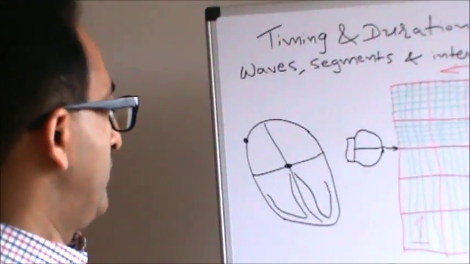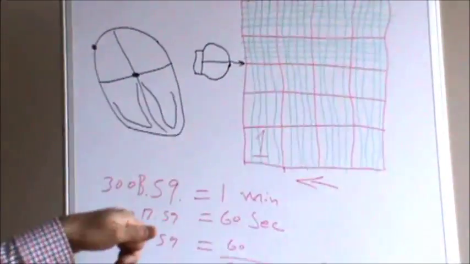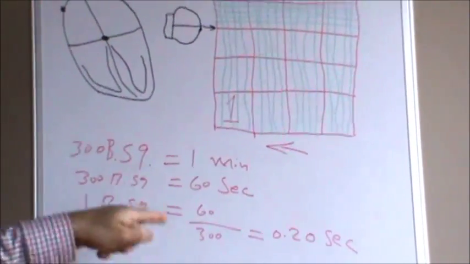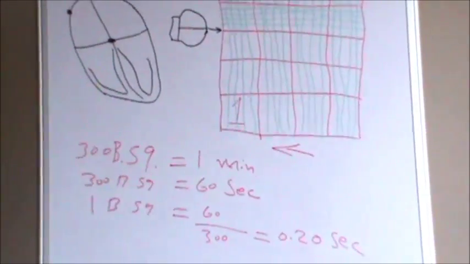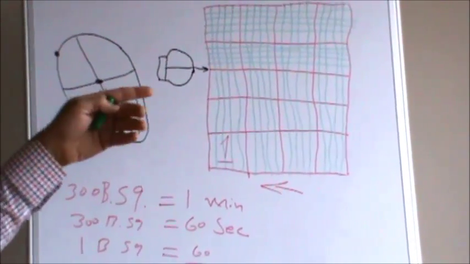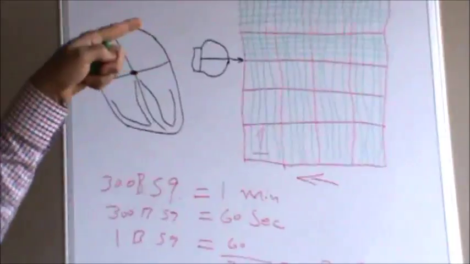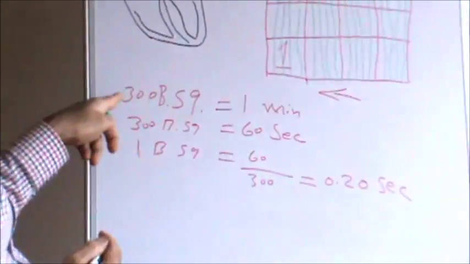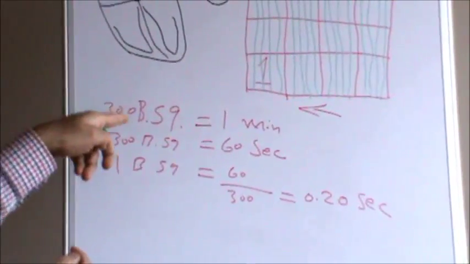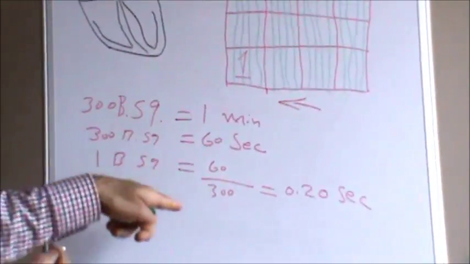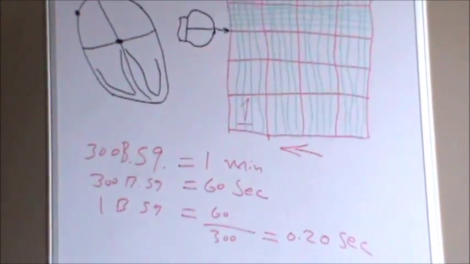So we were at this equation, 300 big squares equal 60 seconds, which means basically 1 minute, and there are 300 big squares that can pass through a properly calibrated ECG paper, correlating with the speed of the paper that moves in this direction. So if there are 300 big squares that can move underneath the needle, it boils down to 1 big square equals 0.2 second.